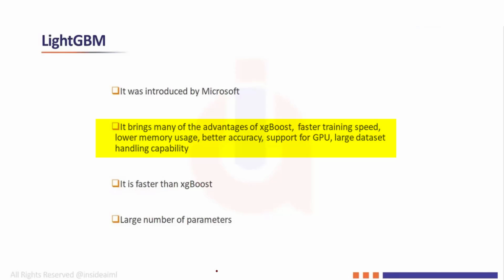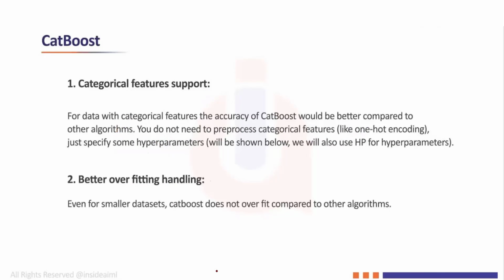So LightGBM has become a de facto standard if you have to build a good model, and it is of course faster than XGBoost. Again, like XGBoost, the number of parameters is quite large.